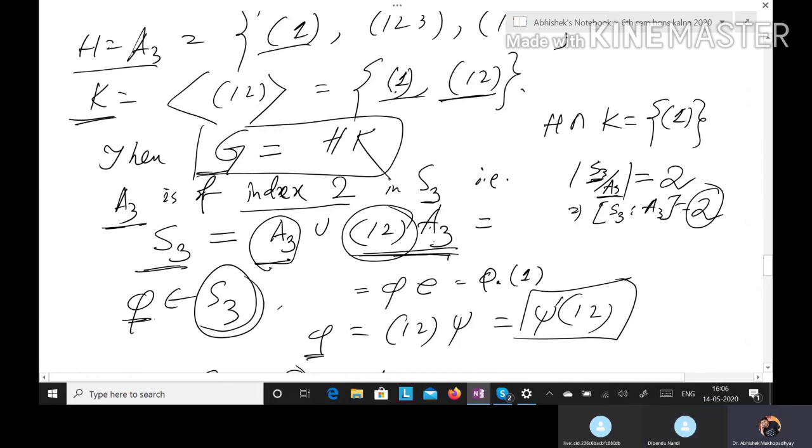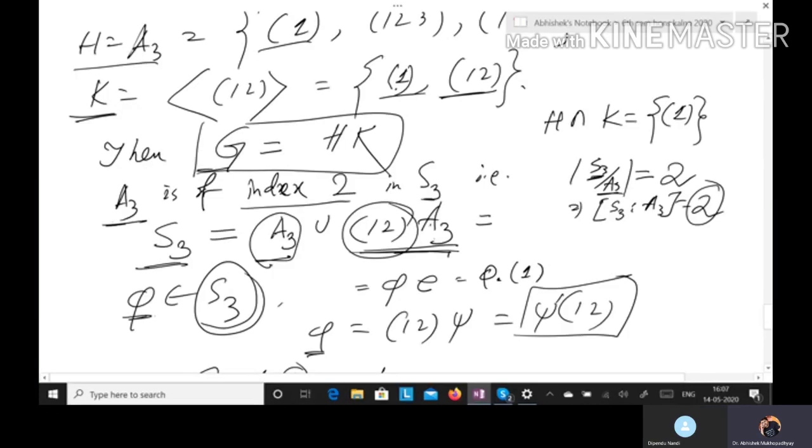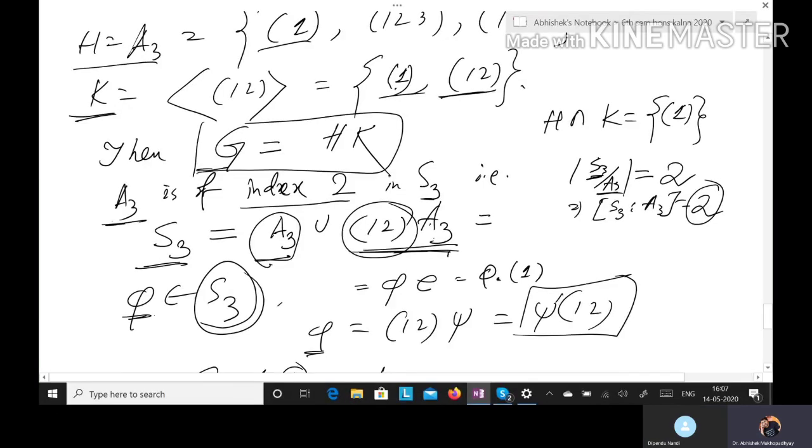That the groups are normal. This condition is missing in this example, although the other conditions have been satisfied by these groups. So whenever you are checking whether it is an internal direct product or not, you need to check all these things.